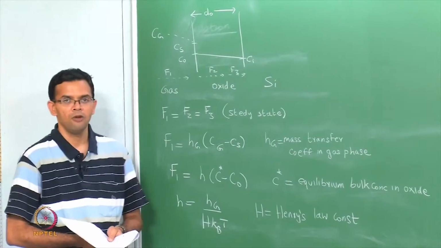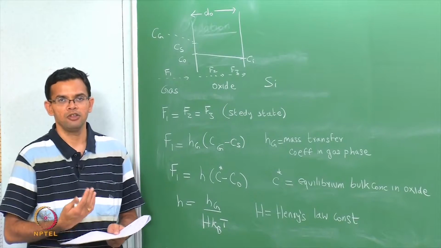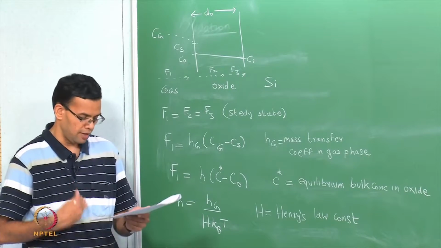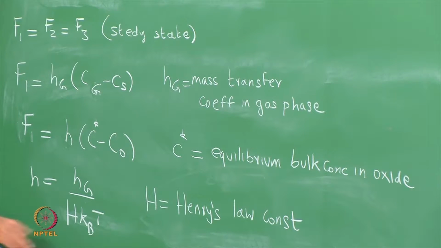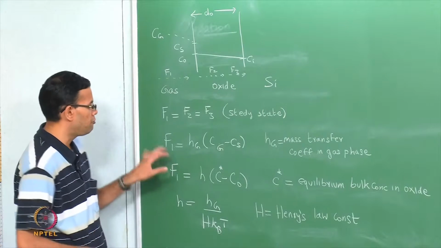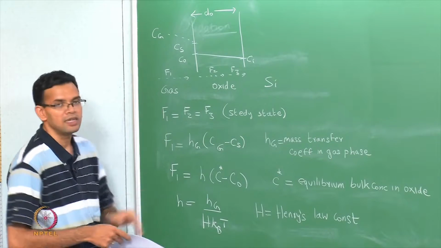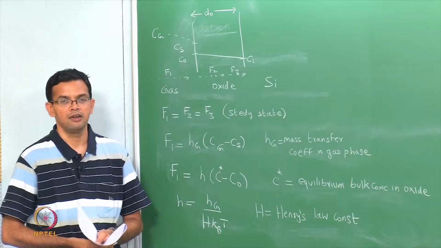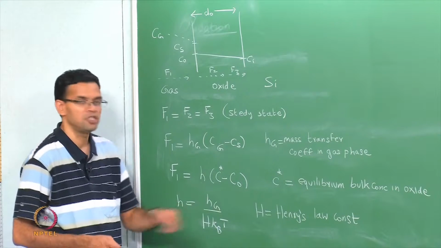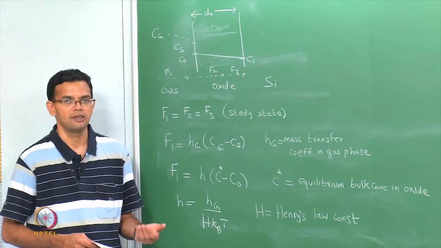Henry's law typically relates the amount of gas that is dissolved in any solid to the partial pressure of the gas. So, by these expressions we have written F1, which is the flux in the gas phase, in terms of the concentration of the diffusing species in the oxide layer.